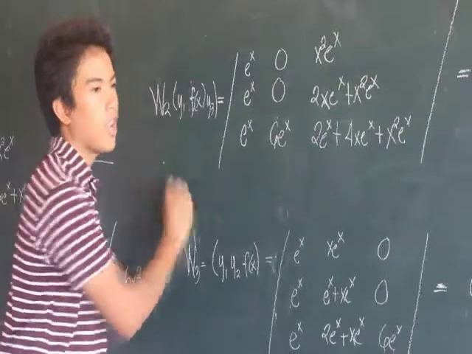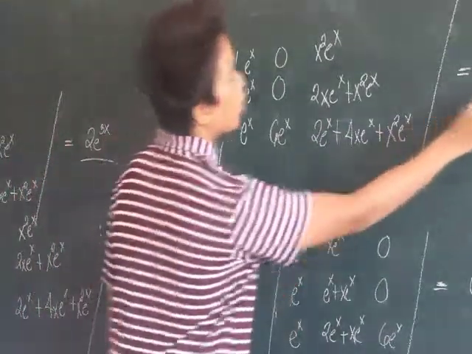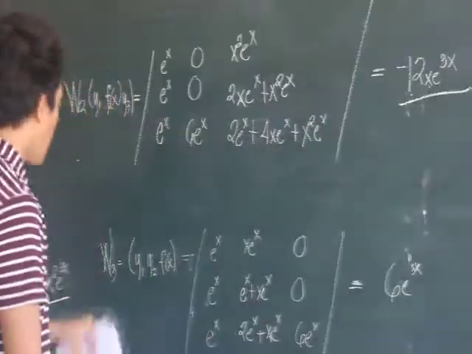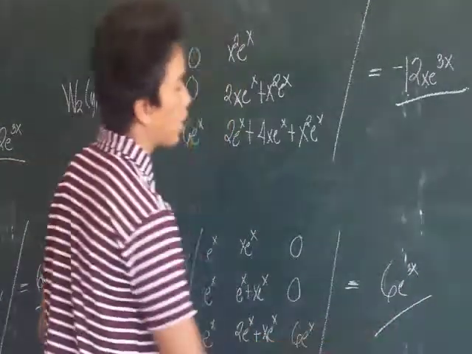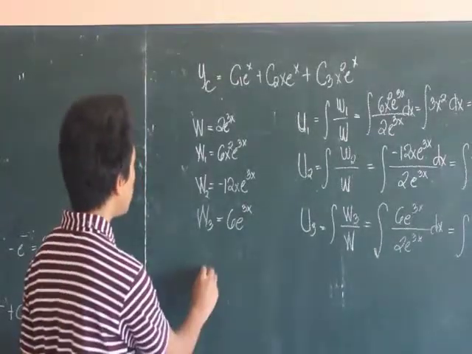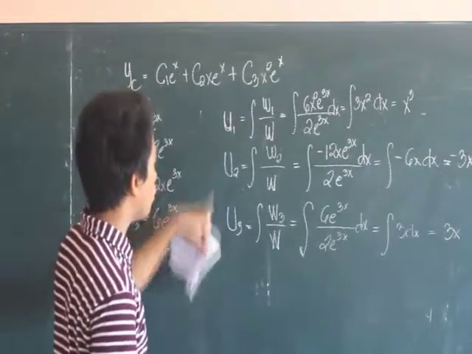Using the same method as W, which is the determinant method, we get W2 is equal to negative 12x e to the 3x, and W3 equal to x e to the 3x. After we obtain the values of W, we will use these to get the values of u.